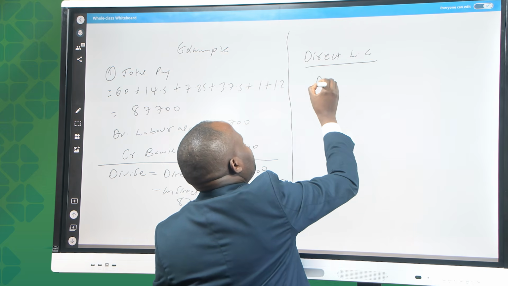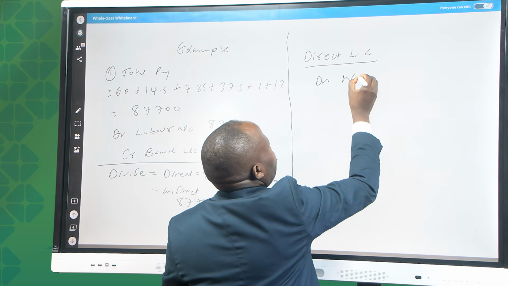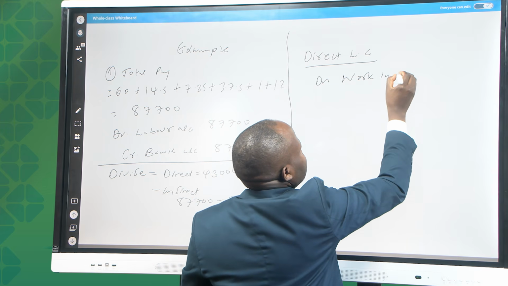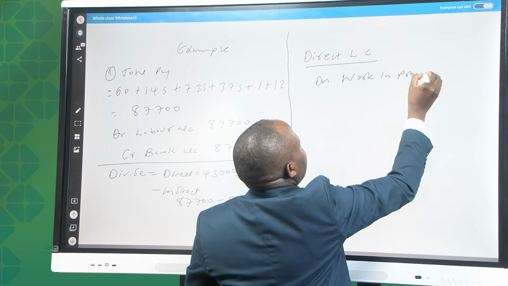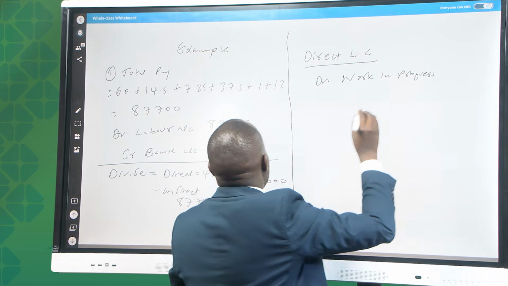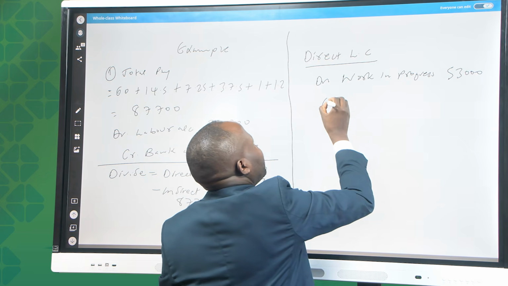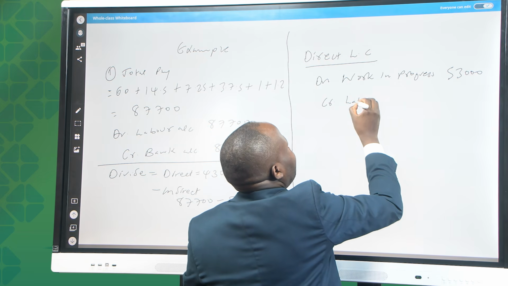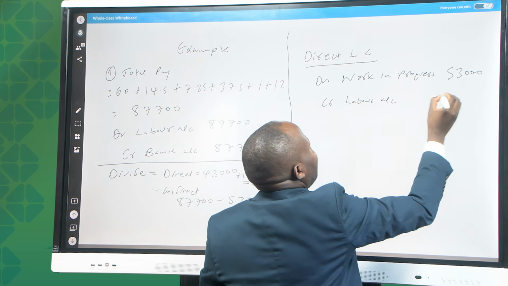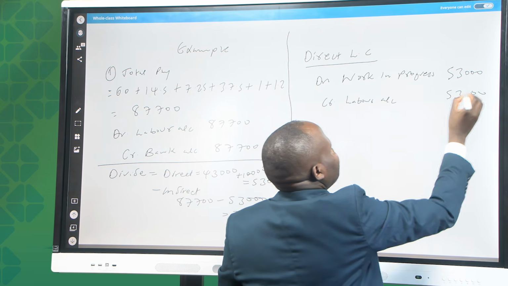Now with that analysis, you come and account for your direct labor cost. So what is our direct labor cost? We said you debit work in progress, and our work in progress will be 53,000 and you credit labor account. Labor account is also 53,000.